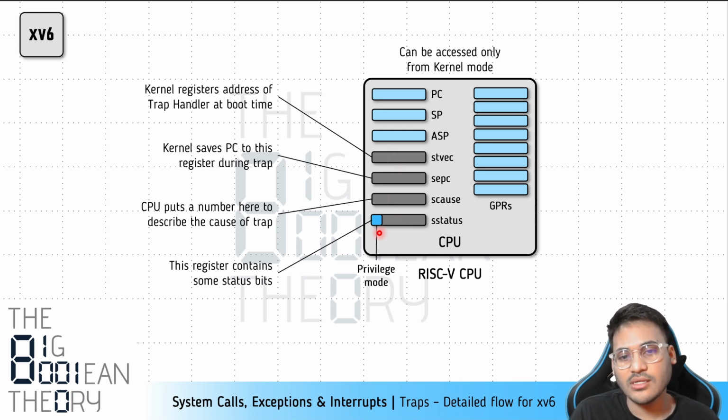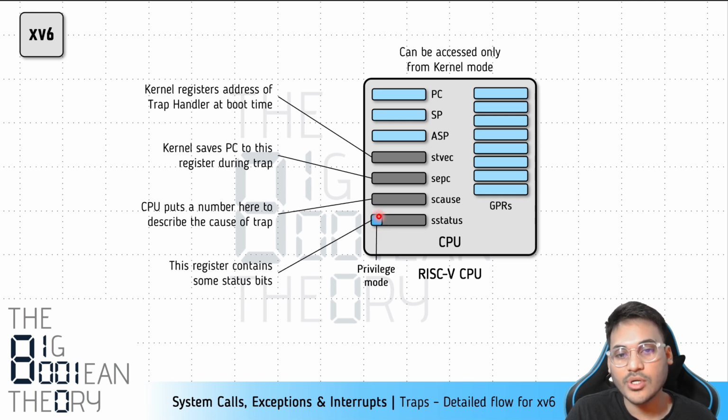The easiest one is the status register. The subscript in all of these register names is S, and that is for supervisor mode, right? And the rest after the S is the real name of the register. So this sstatus register is basically a collection of some status bits. The one that we are interested in is the privilege mode.